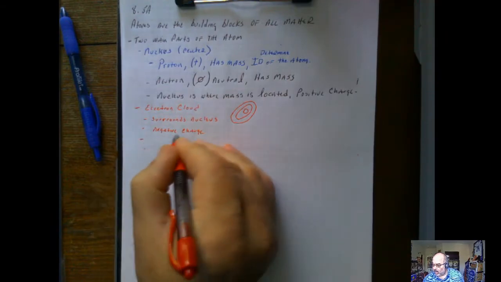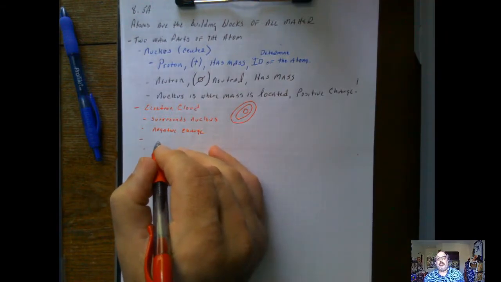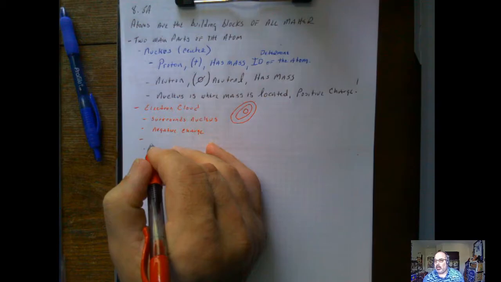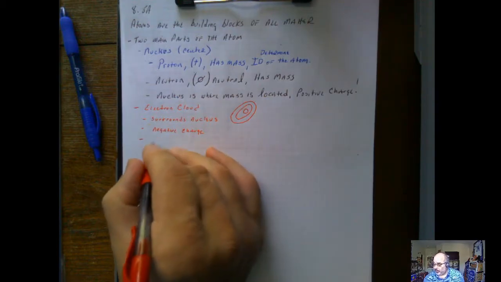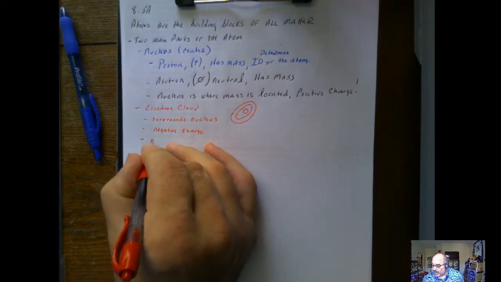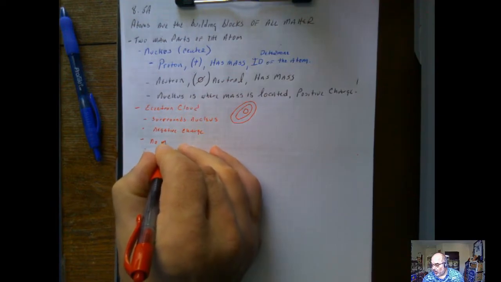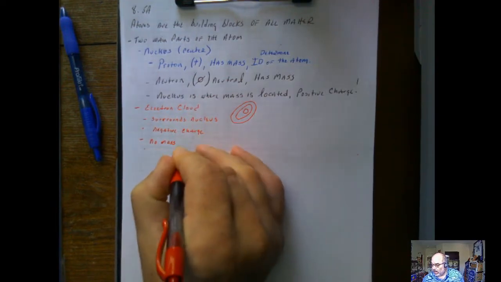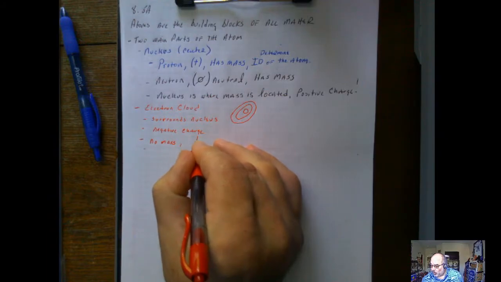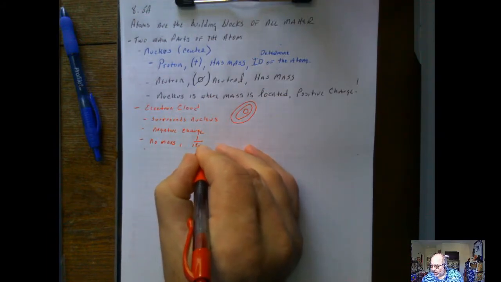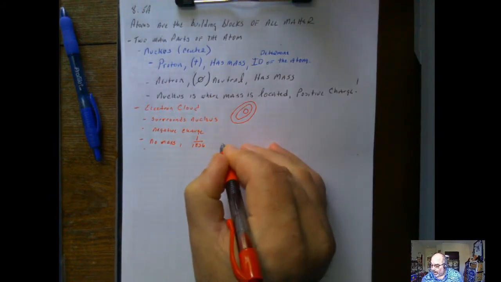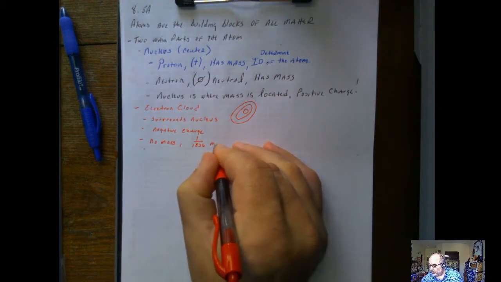Okay, and it has very little or no mass. Okay, I say that it has no mass. Technically, it has very little mass. It has 1/1836th of the mass of the proton.